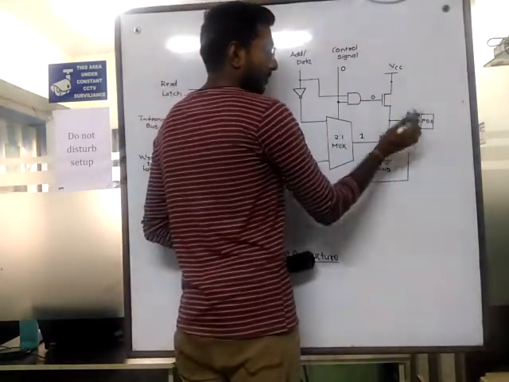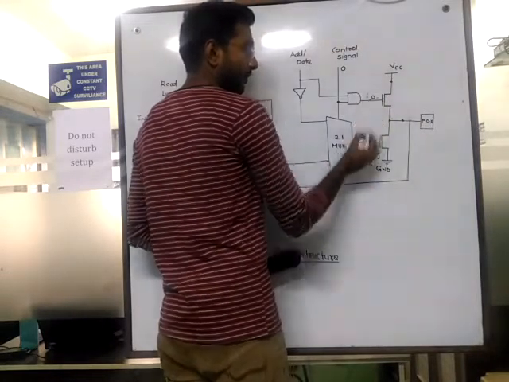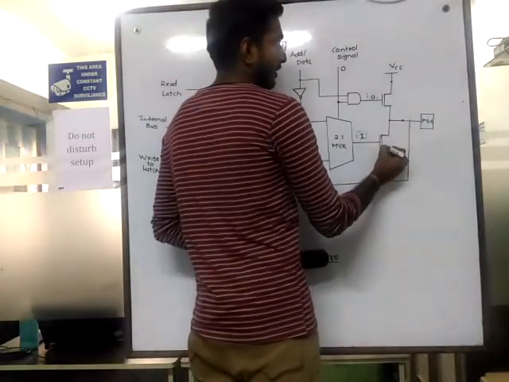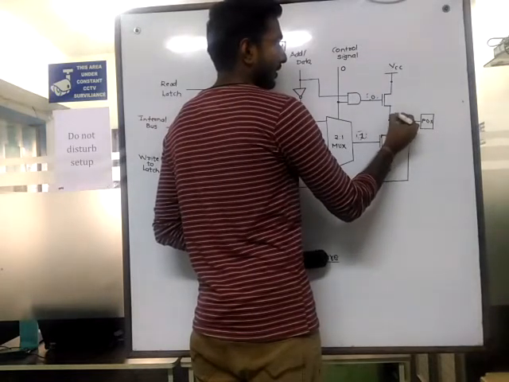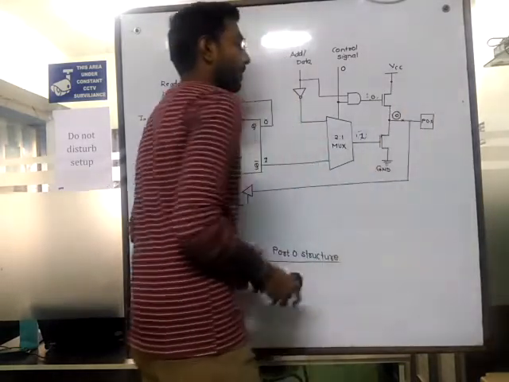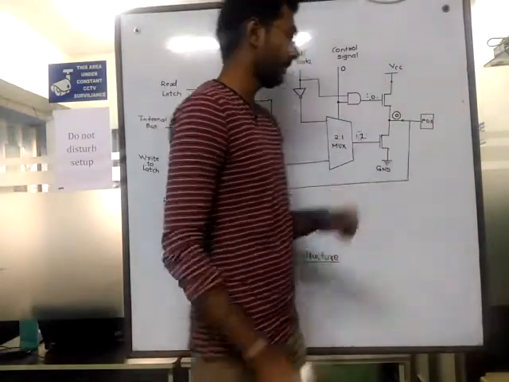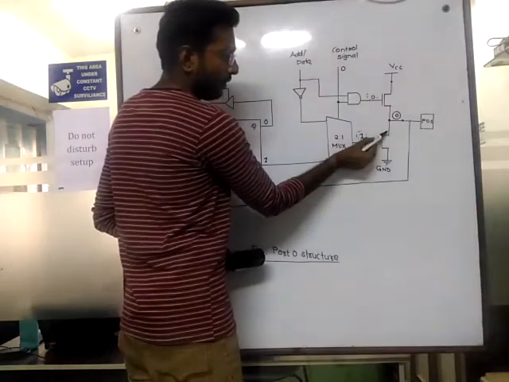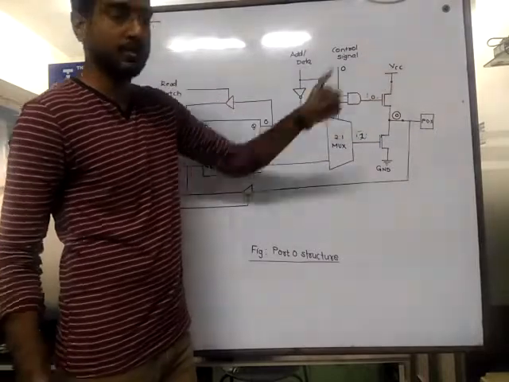So if you observe, this FET is on because of this 1, and this FET is off because of this 0. If you measure the output voltage or the state, it will always be ground, 0. So we want to pass 0, and we are getting 0 here, because this FET is on. If it is on, ground voltage will be here. So this is 0, and this one is off, so no question about VCC.